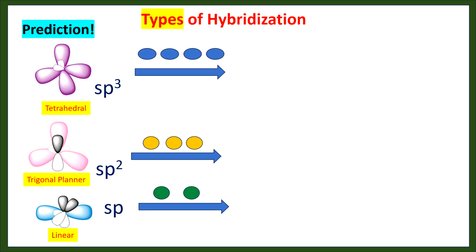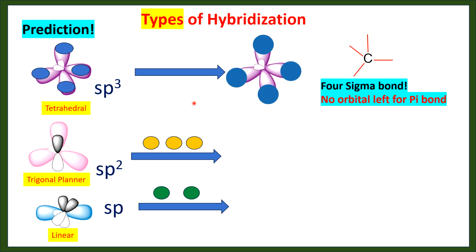Now, how do we predict the hybridization? If sp3 hybrid orbitals are available, then each can form a single bond this way. Each orbital undergoes chemical bond formation, so four sigma bonds form, and no p orbital is left for a pi bond.